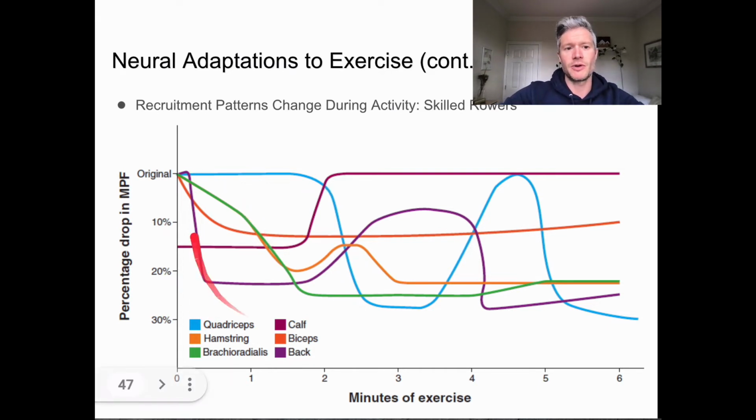So if we just follow the quadriceps, they're very quadricep dominant for the first couple of minutes, but then almost very little. But what does pick up is the calf and the back to pick up that slack. So it trades off the percentage of recruitment there.